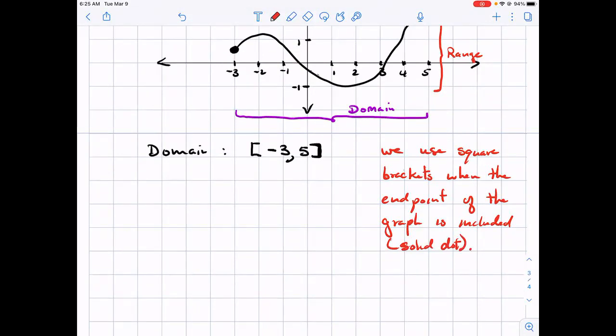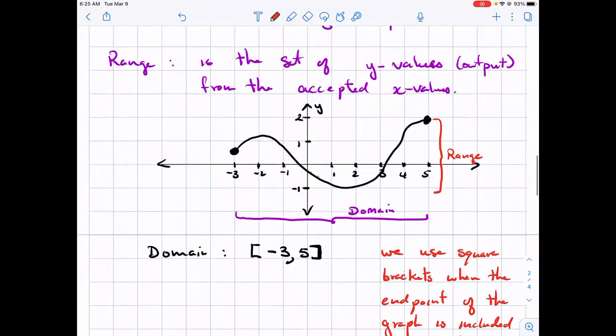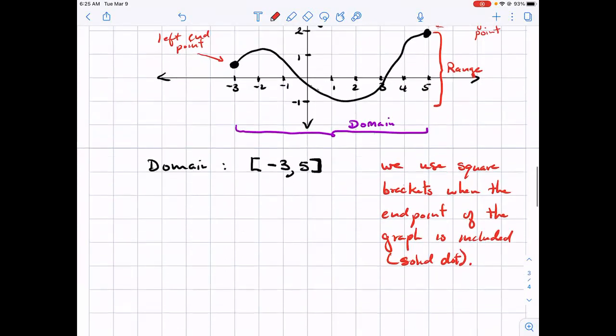Okay. So this is called your right endpoint. And here we have our left endpoint. Okay. We have our left endpoint here.